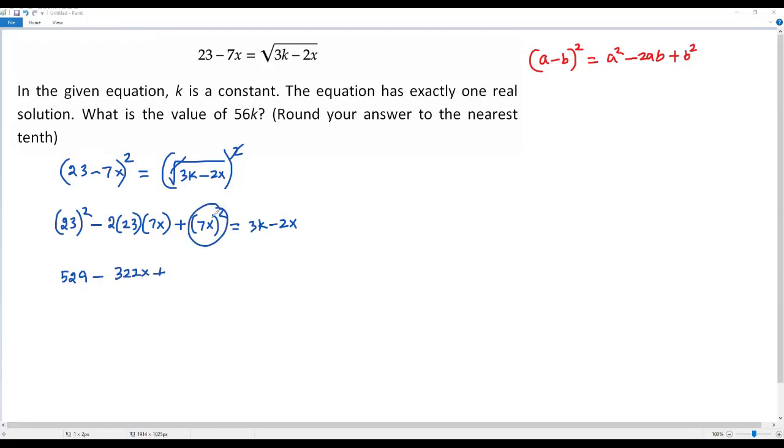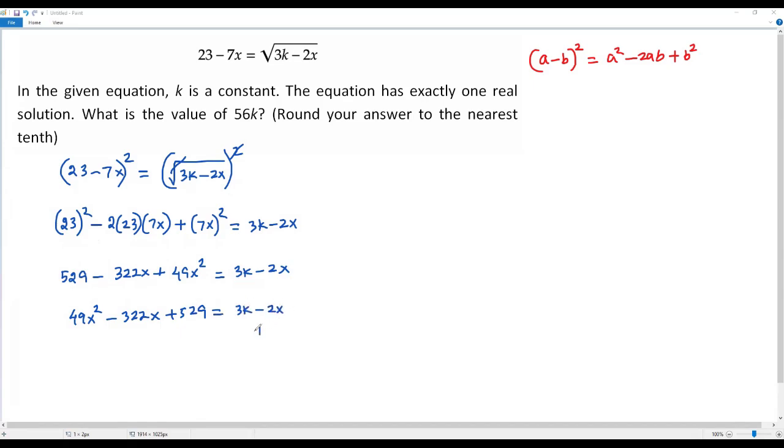When I simplify 7x the whole square, I am getting 49x squared, equals 3k minus 2x. Now, let's rearrange the terms: x squared term first, then x term, then constant. We get 49x squared minus 322x plus 529. We can write the right side as it is, 3k minus 2x.